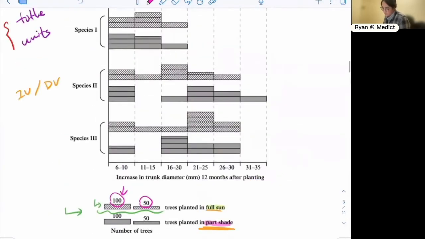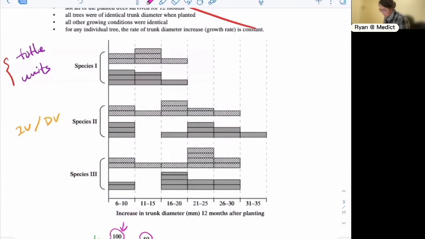And by looking at this graph, we can see what are the possible two greatest averages. For example, let's just take species 1 again. If we were to draw a distribution curve for 1, then we can probably see the center for species 1 in full sun is around there, right? So it's basically this dotted line.